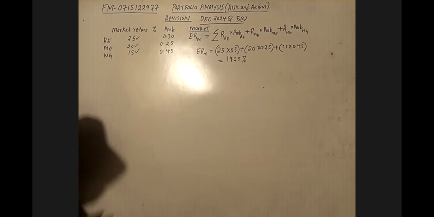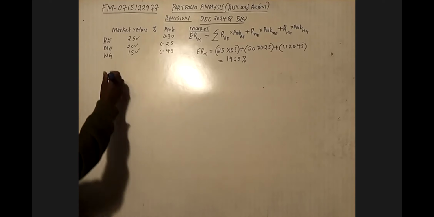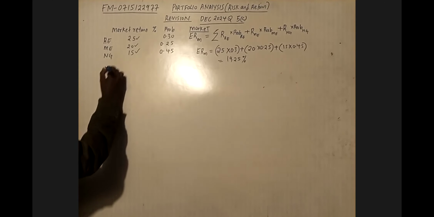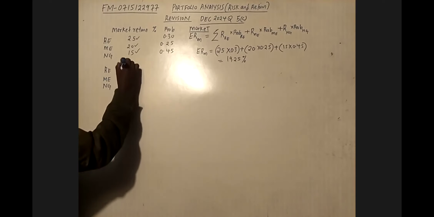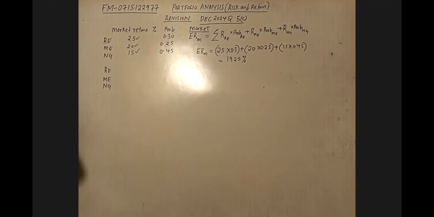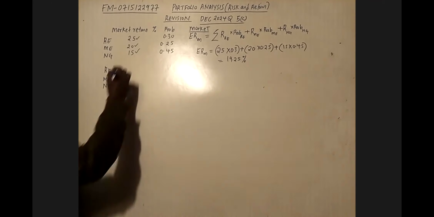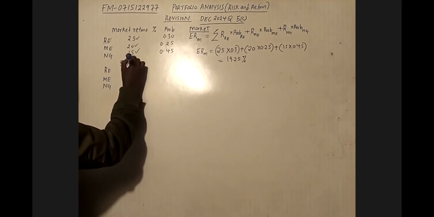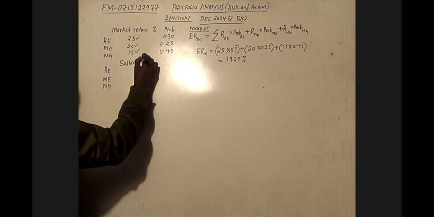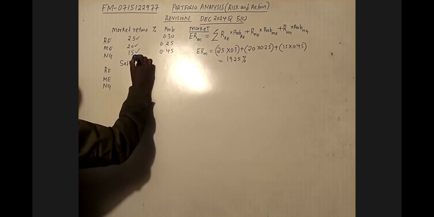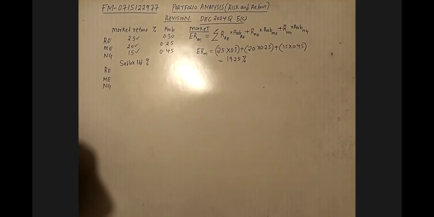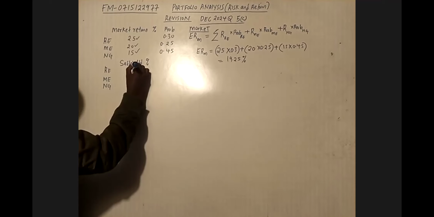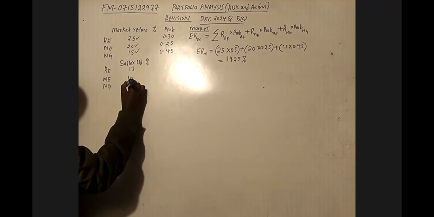for the other part. Let us write them down. Let us write the information. So for rapid expansion, moderate expansion, and no growth, we have the Suffolks Limited. So it is in percentage. So their percentages, we have 13, 10, and 8.